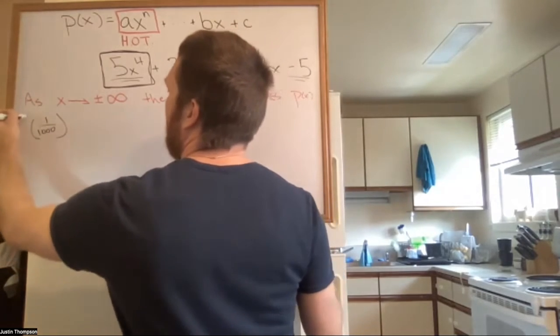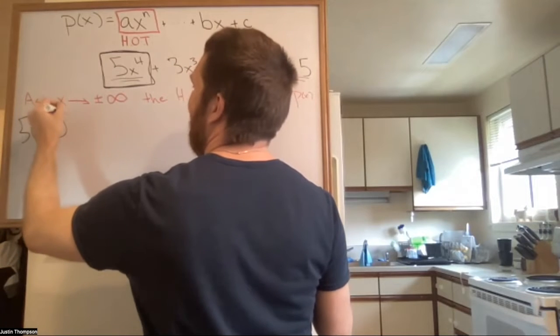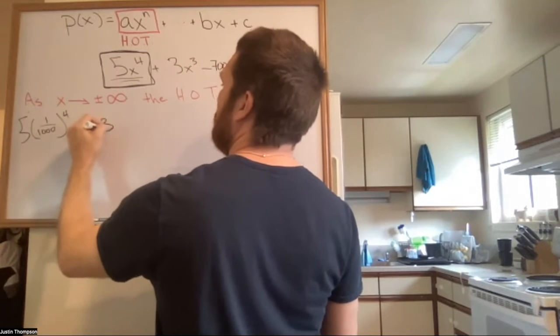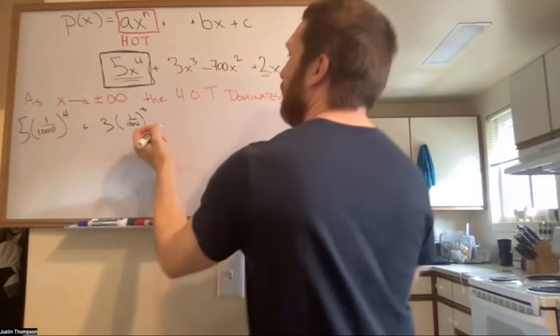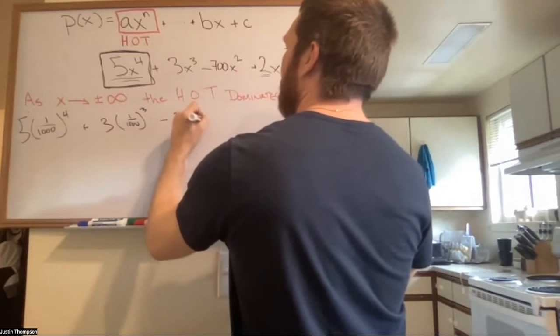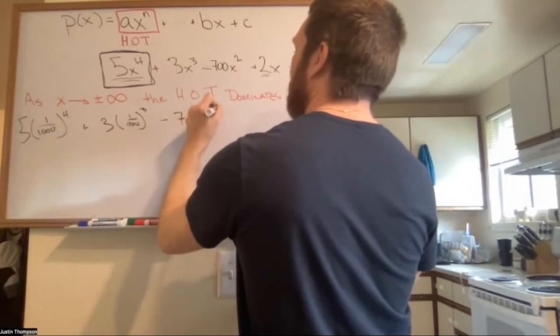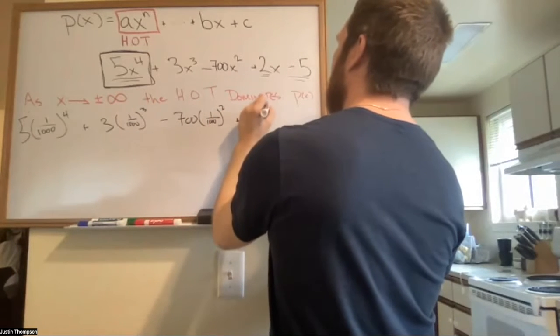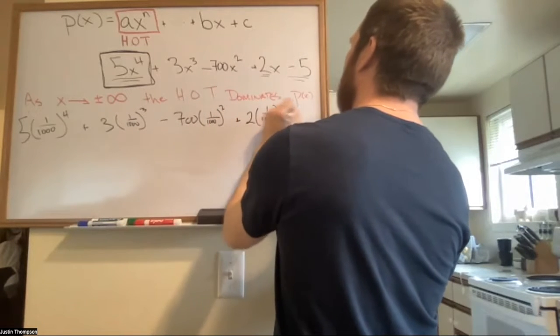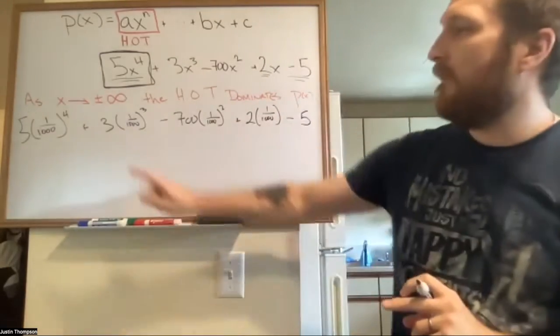I would have 5 times (1/1000) to the 4th plus 3 times (1/1000) to the 3rd plus 7 times (1/1000) squared plus 2 times 1/1000 minus 5.